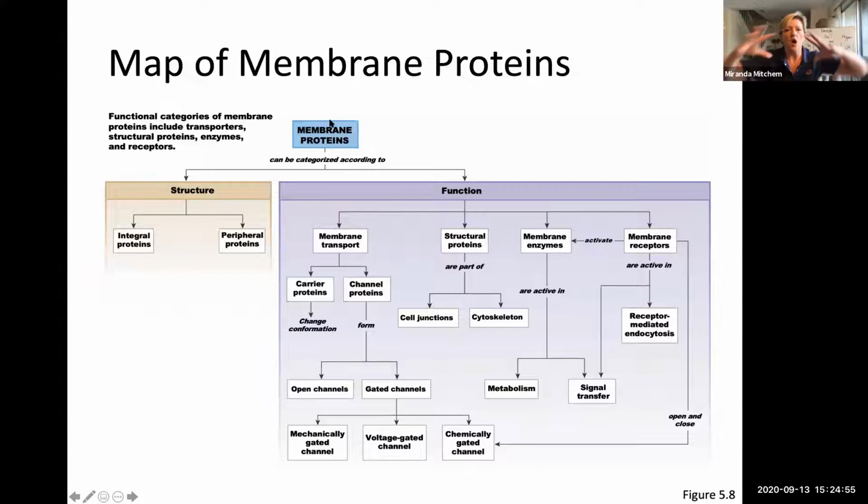So if we take all of our membrane proteins, all of them, and group them together, we have different functions, right? We've got some that perform transport functions. We have some that are structural, some that have enzymes in them, some that have receptors in them. I'm not going to walk through this map here. I don't really think it lends itself well to me just pointing and saying the words.